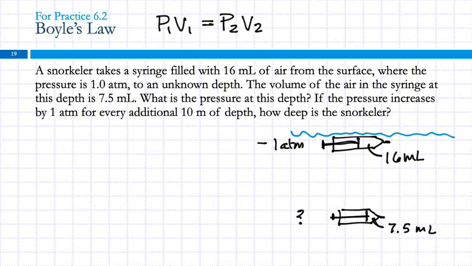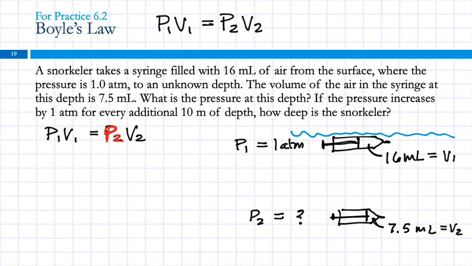I'm going to call this pressure 1, and the other pressure is pressure 2. This is volume 1 because this is the volume at this pressure. These 2 go together. They happen at the same time, and this is volume 2. Okay? So we have P1 V1 is equal to P2 V2, and we are trying to find pressure 2.